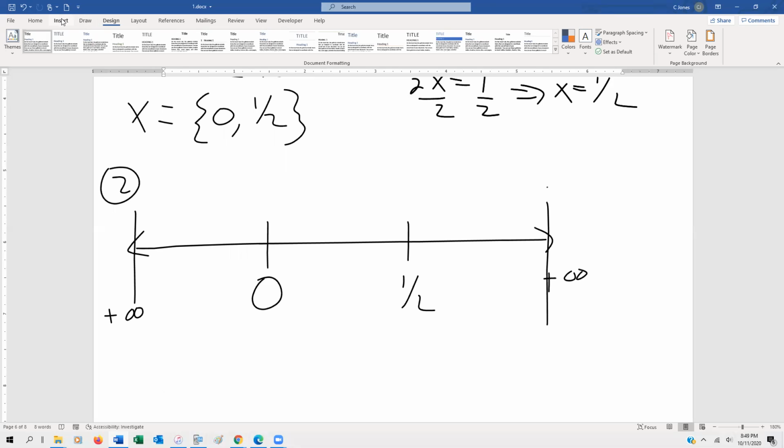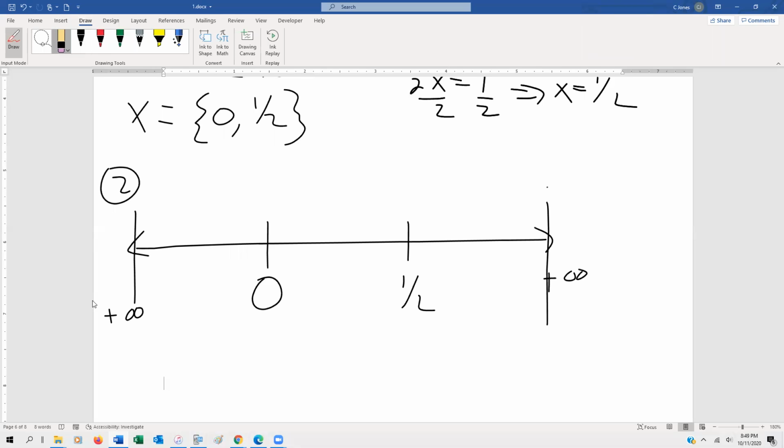Then we pick some test values. Our test values are fairly easy. -1 is a good number between negative infinity and 0, 1/4 is a decent number between 0 and 1/2, and 1 is a value between 1/2 and infinity.